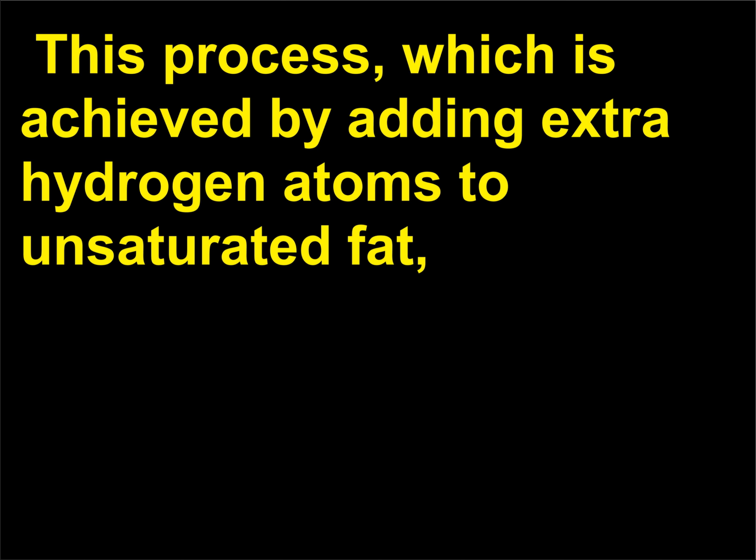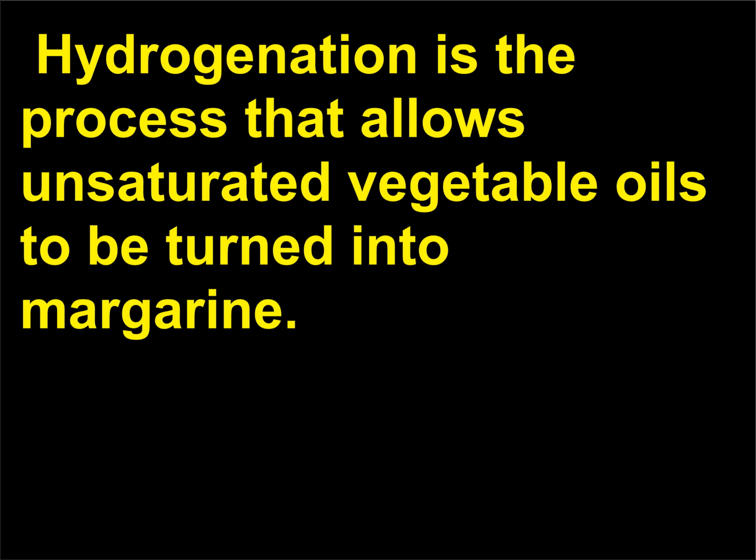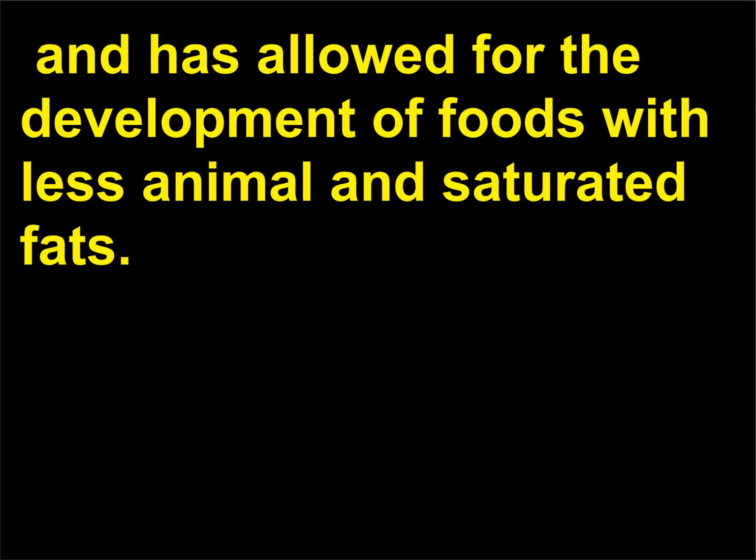This process, which is achieved by adding extra hydrogen atoms to unsaturated fat, has become both a bane and a blessing. Hydrogenation is the process that allows unsaturated vegetable oils to be turned into margarine. This method prevents oxidation, and thus rancidity, and has allowed for the development of foods with less animal and saturated fats.